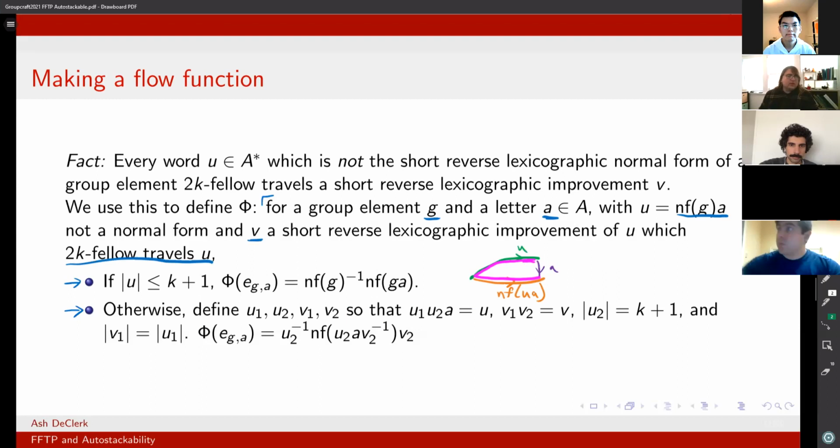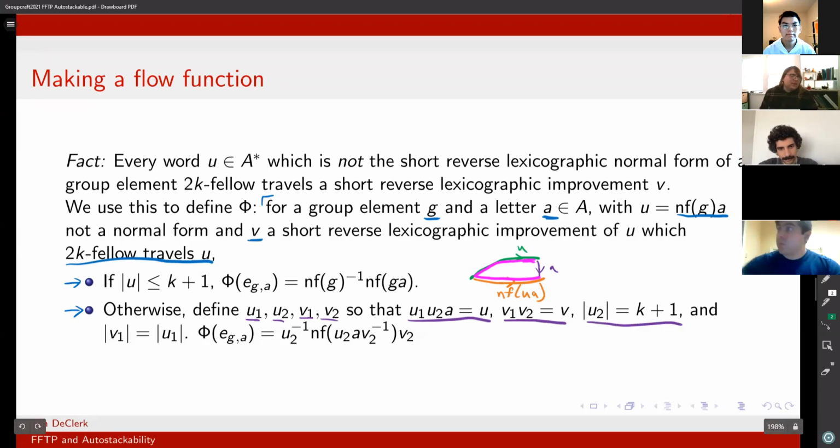So for longer u's, what we do is we define a few things. So we define u1, u2, v1, and v2. So that u1 u2 a is equal to u. So u1 u2 is the group element that we started with. v1 v2 is equal to v.